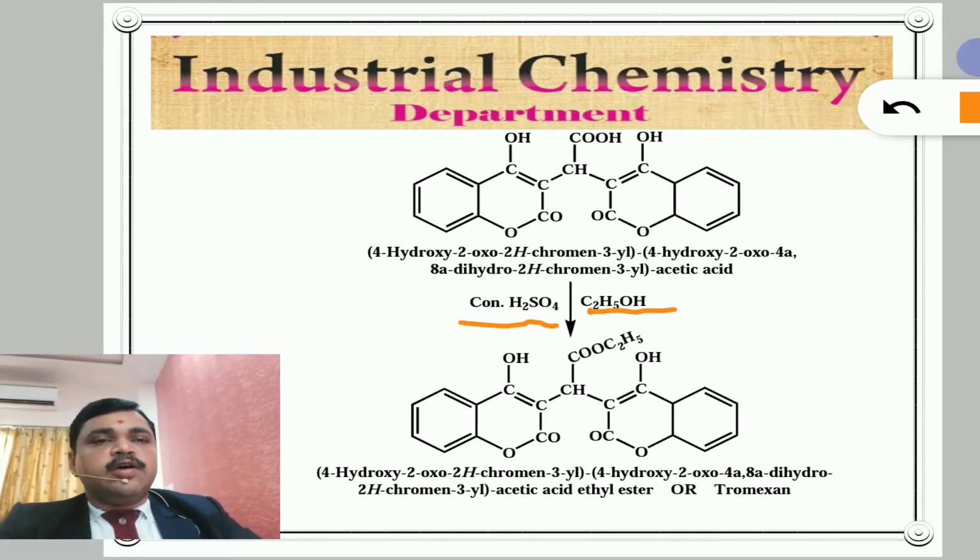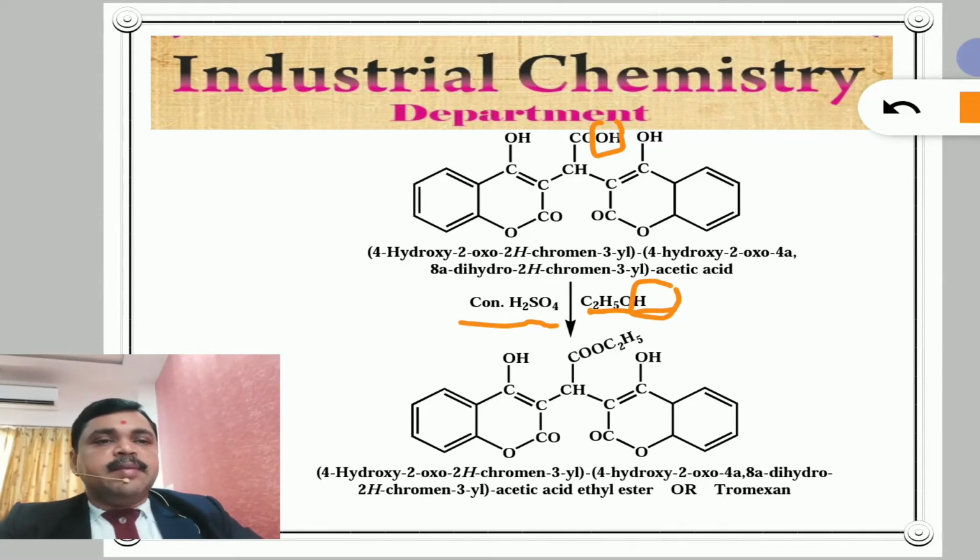In the presence of sulfuric acid, a dehydration process takes place. Ethanol loses H and the COOH group of coumarin loses OH. Therefore, a water molecule is removed and we get our final product tromexan.